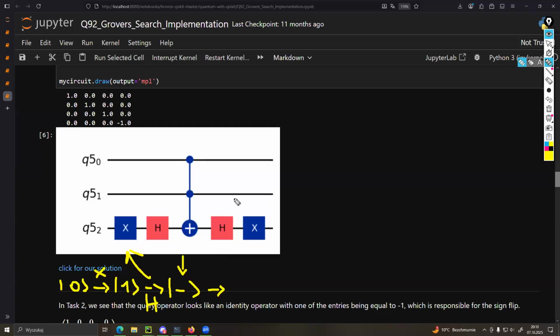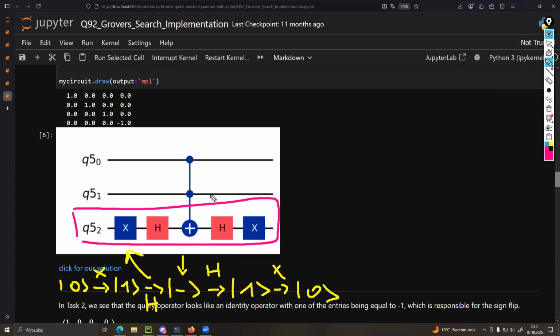So after that operation, I can go back with H into my 1, and yet another operation with X, and I have 0. I have made this qubit reusable as well. So that is really nice.